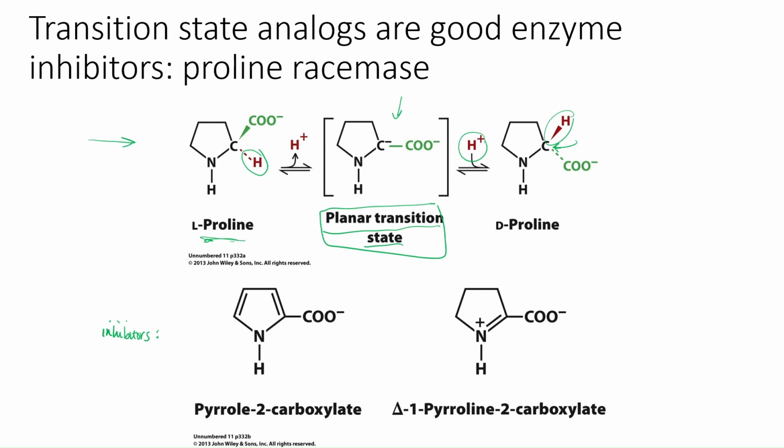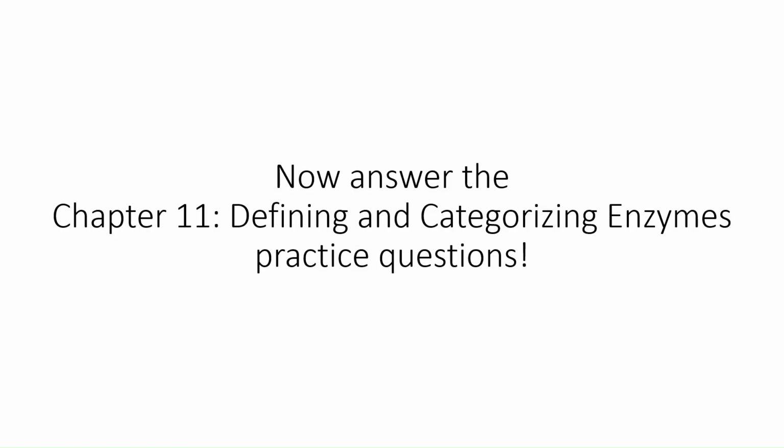So that's an example both of how stabilizing the transition state can help a reaction go faster, and also can help you start thinking about good ways to inhibit particular enzymes that might be dependent on that enzyme's mechanism. So now that we've talked all about defining and categorizing enzymes, you are ready to answer the practice questions.